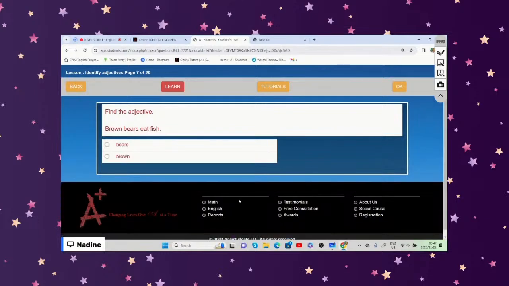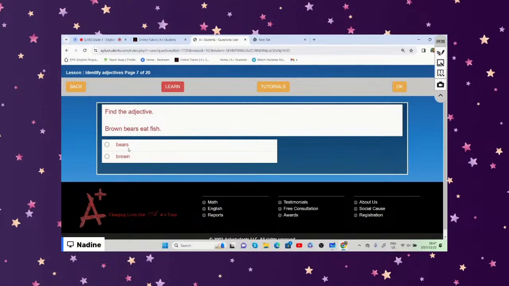And that leads to the last one. Brown bears eat fish. What do brown bears do?